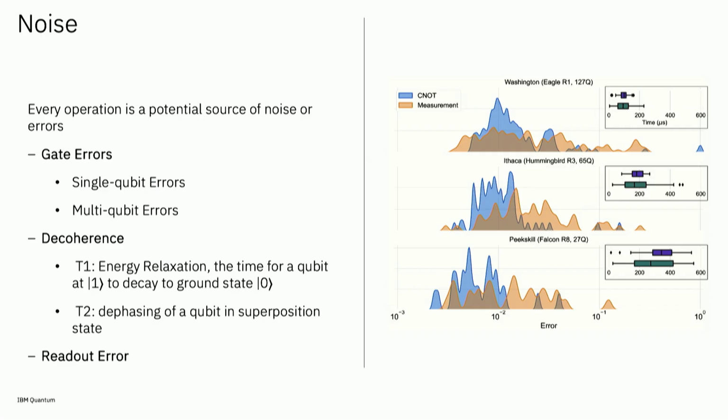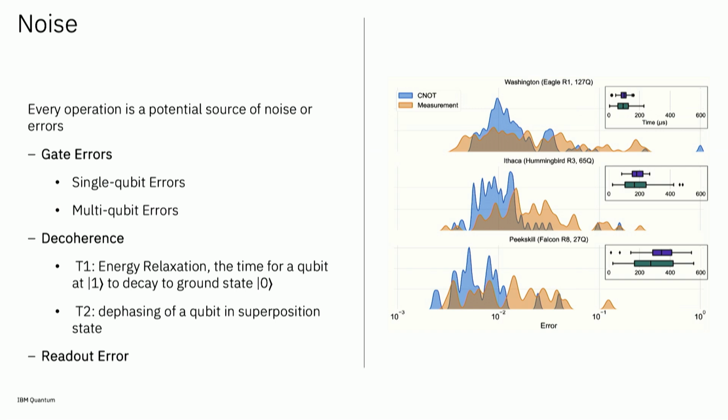No matter what you're doing on a quantum computer, there's a source of noise or error. And so on the right here, this is actually from a paper we published a year or 2 ago, a distribution of the error rates and coherence times on 3 generations of IBM processors. But you have gate errors, so single qubit gate errors, multi-qubit gate errors. You have decoherence. You can only maintain the quantum state for so long.